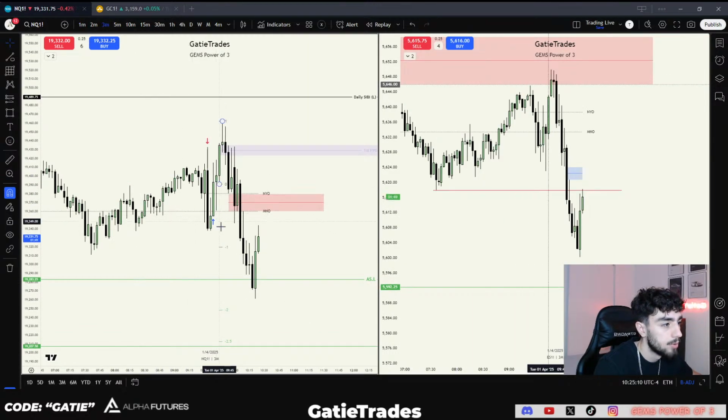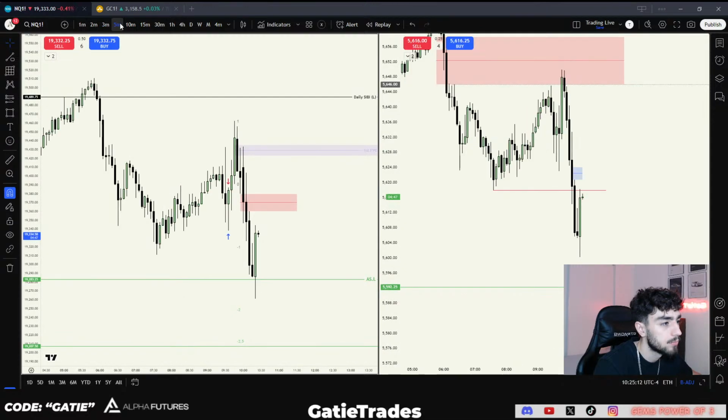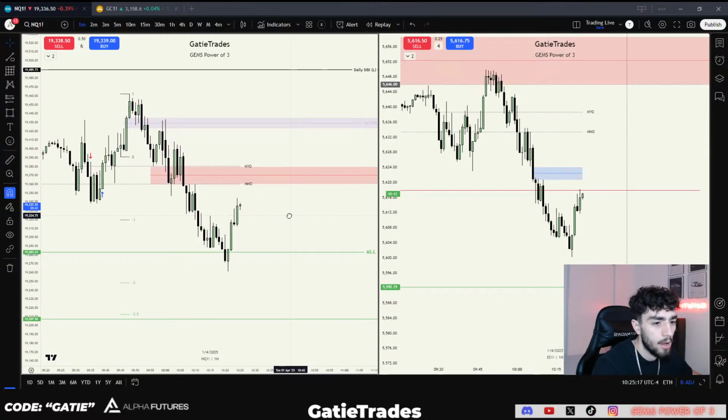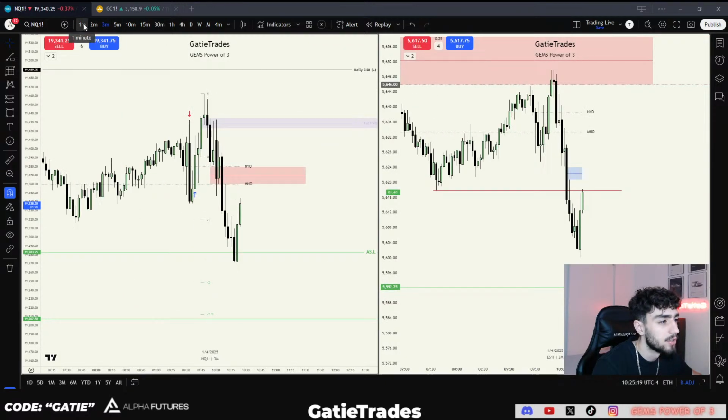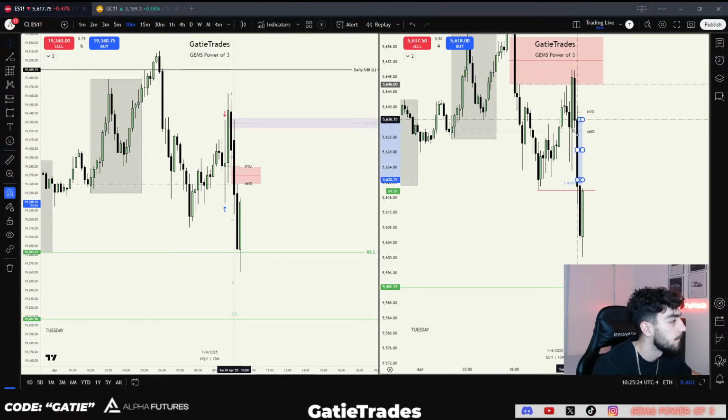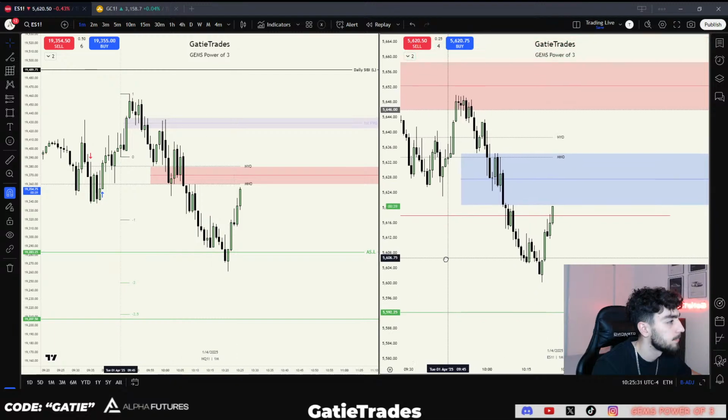What's the cleanest break here? Probably the 3-minute. 5 minutes, not bad as well. So it's a short at 3-minute. I like the 10-minute. Nice and big. We can see if we get a protraction model here.